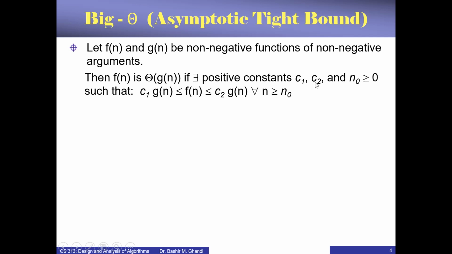So c1 and c2 are strictly positive. 0 is not allowed, and of course negative numbers are not allowed. But n0 can be 0, but not negative.